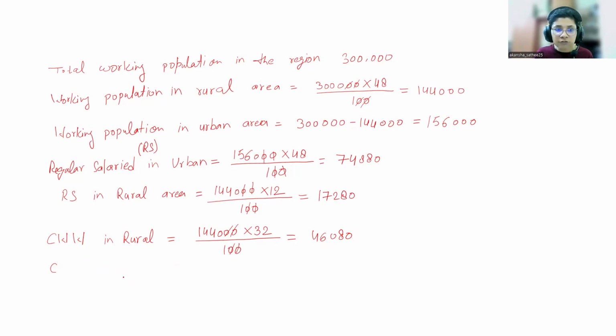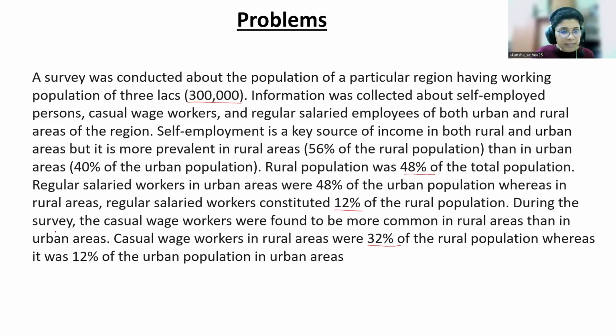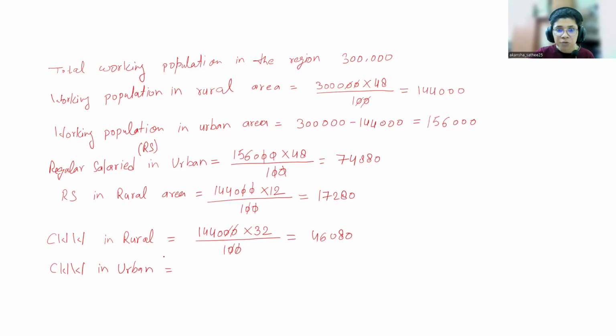Okay. Then similarly, casual wage worker in urban is equal to, in urban area, what is the percentage of casual wage workers? That we have to see. Casual wage workers in rural area were 32% of the rural population, whereas it is 12% of the urban population in urban area. So, urban population is this much, iska 12%, that is 156,000 into 12 upon 100, right?